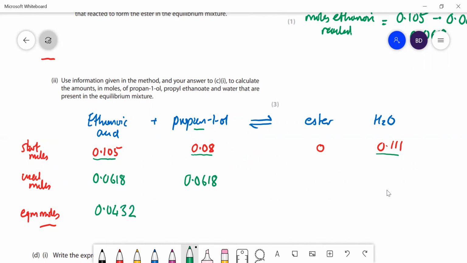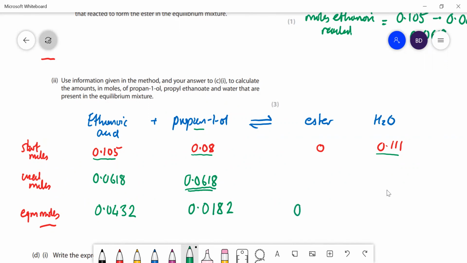How much propanol have we got left? So we've got to take away 0.0618 from 0.08. That gives us 0.0182. Right, now if we've used up that many moles of propanol, we have made the same number of moles of ester. Every time we use up a mole of propanol, we're going to make 1 mole of ester.